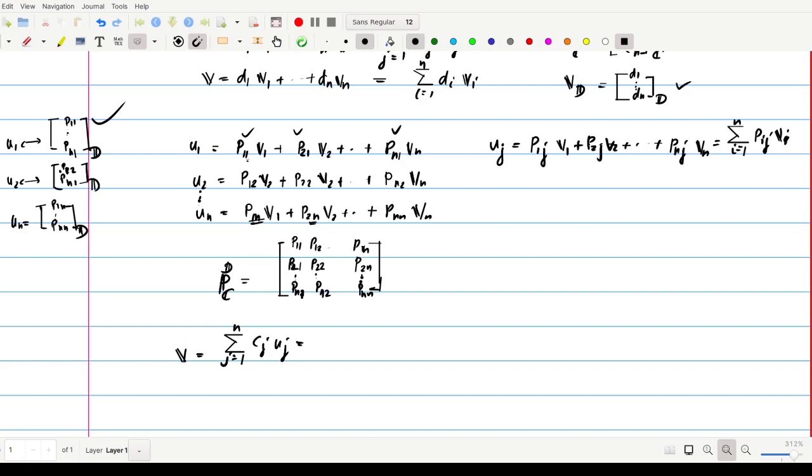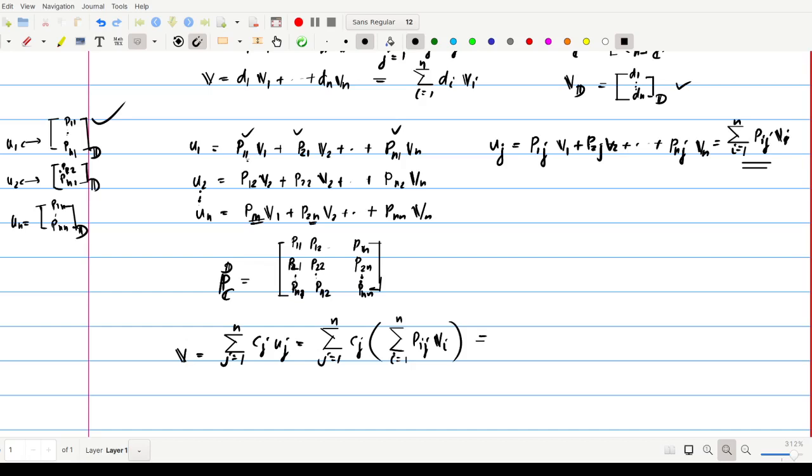We read that as summation j equal to 1 to n of cj, and substitute for uj from this expression: uj is equal to summation i equal to 1 to n of pij vi.